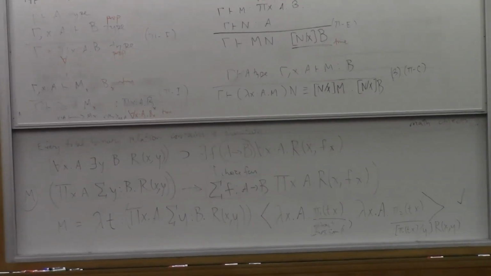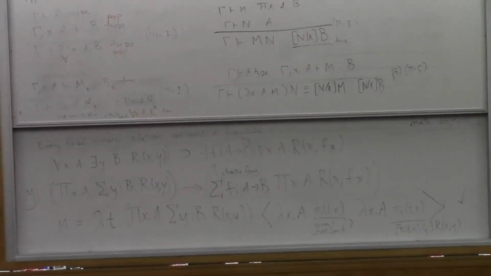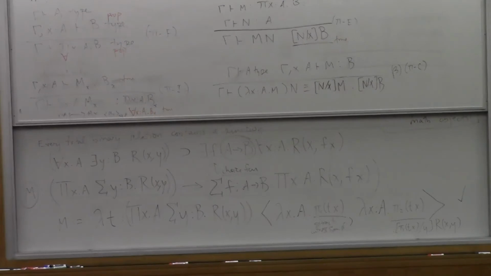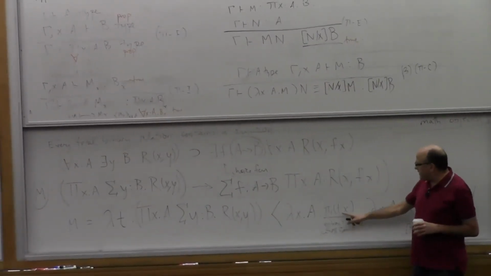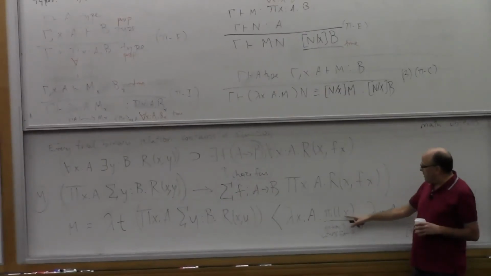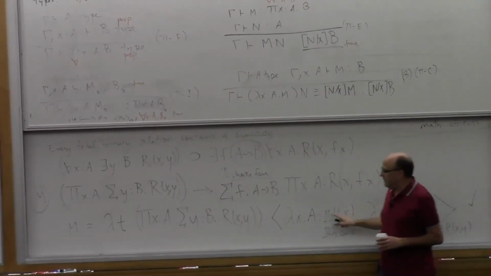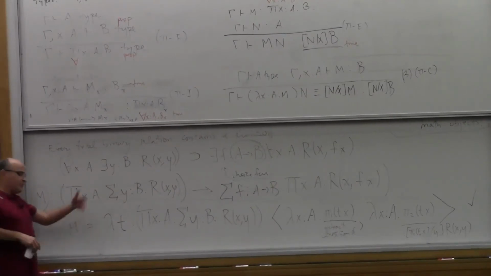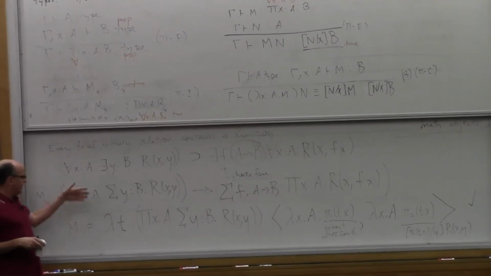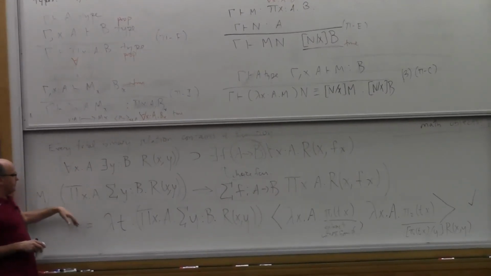Yes? Say again what Pi1 is doing. What Pi1 is doing is extracting the witness of the existential quantifier from a proof, because T is a proof. I mean, in type theory, I've said over and over, there's no distinction between proofs and not proofs. But I wanted to draw you through it by thinking of it as logic.